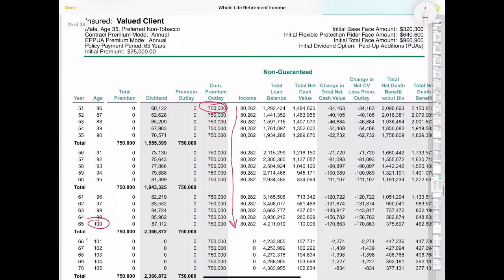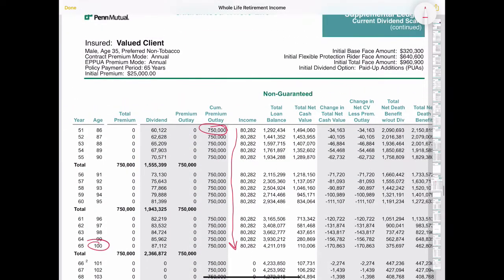This means that by age 100, this individual will have generated $2,809,870 in income from this whole life policy.